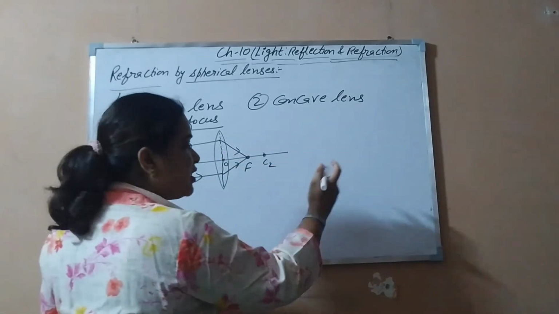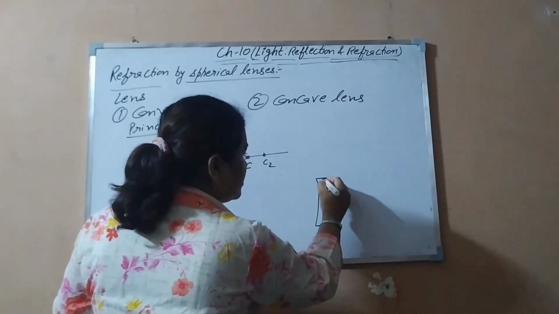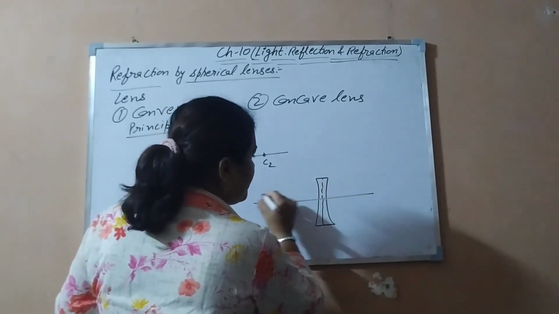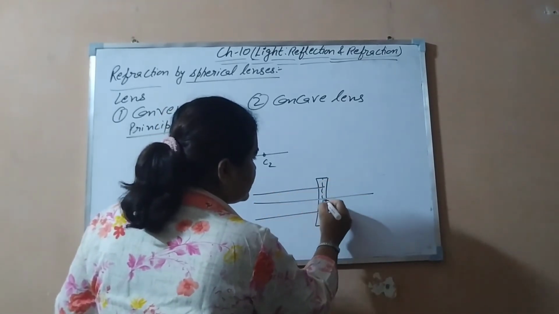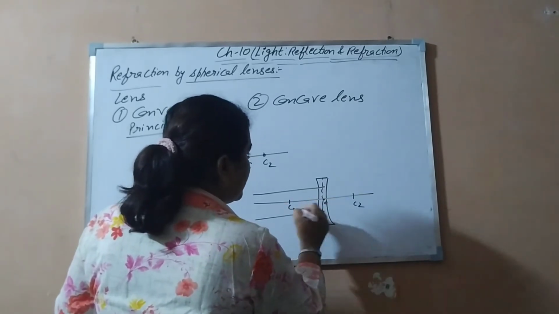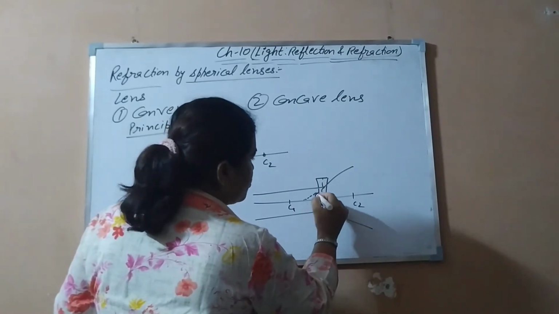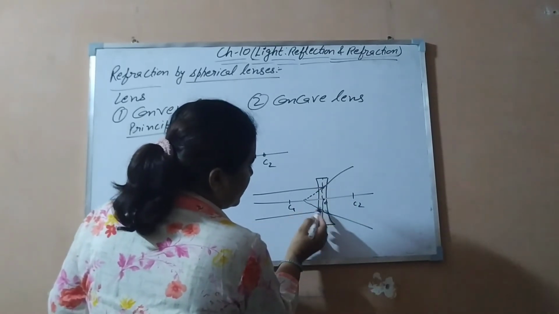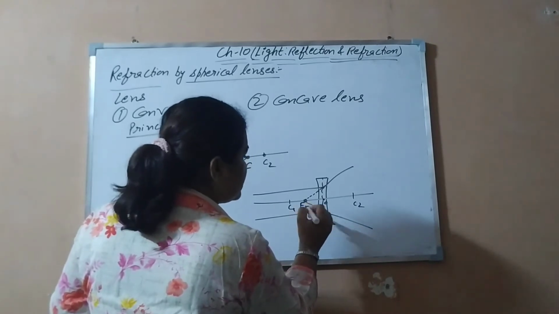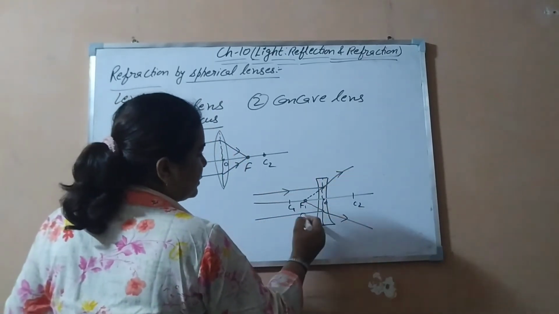But when they only appear to meet at a point, as with a concave lens, with parallel rays, this optical center, this C1, this C2, the nature is diverging, so they appear to meet at a point. That is the principal focus of the concave lens.